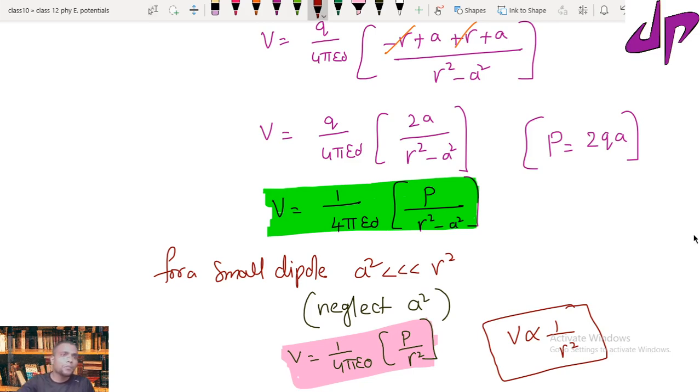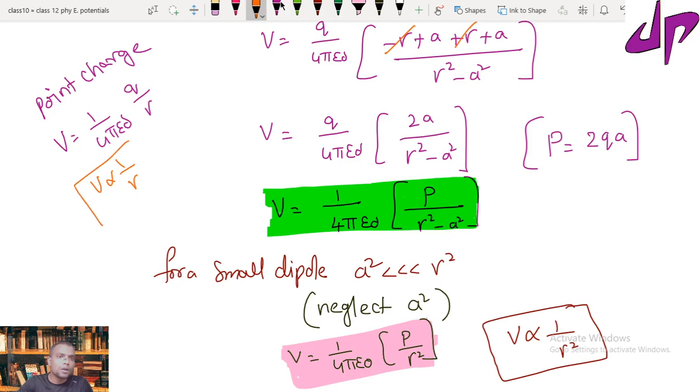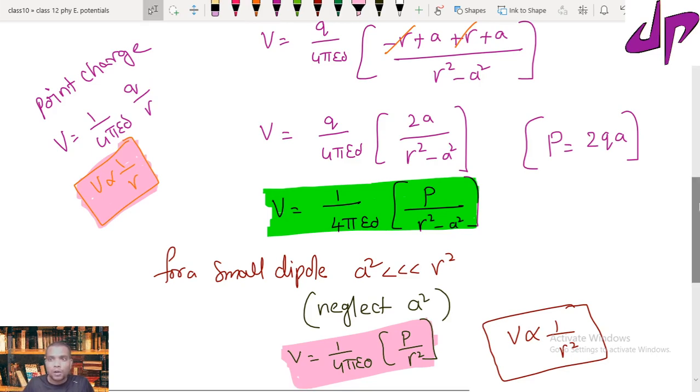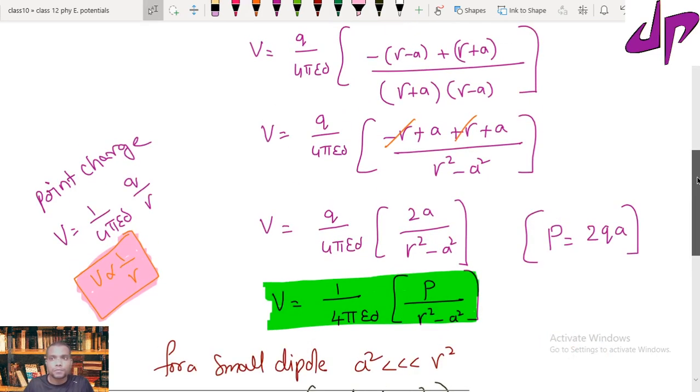But if you remember, for a single charge or a point charge, the potential is V equal to 1 over 4 pi epsilon naught, Q by R. So here the potential is decreasing as 1 over R. So this is a small important point if you compare the potential value for a point charge and for an electric dipole along the axial point.